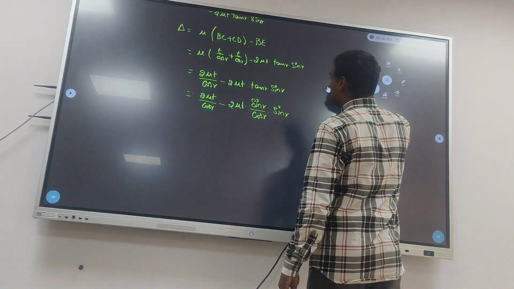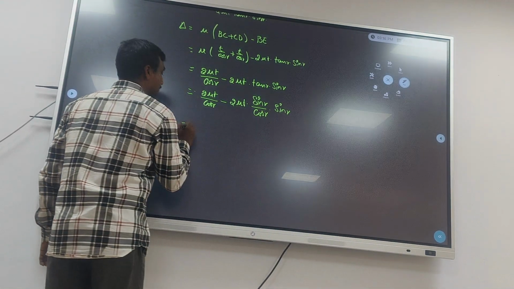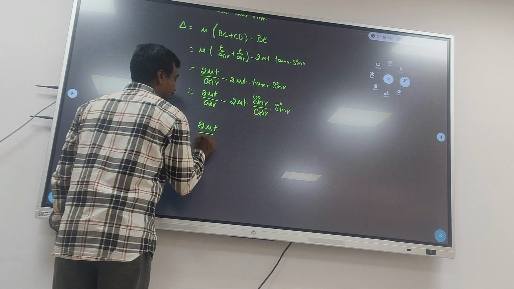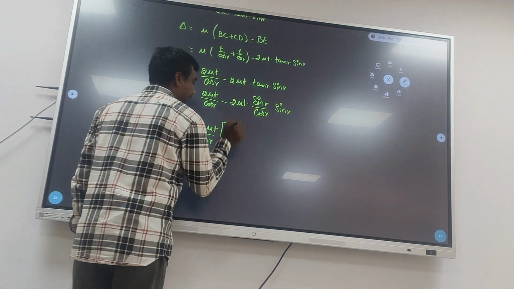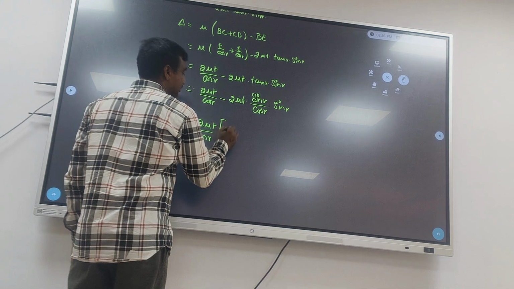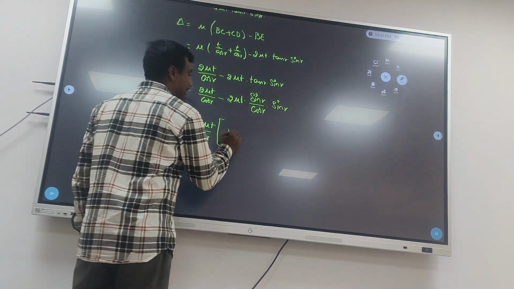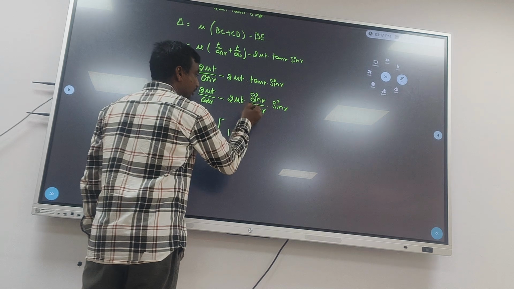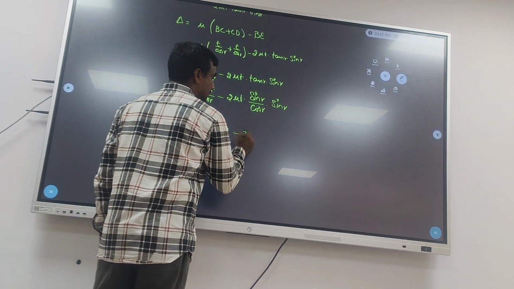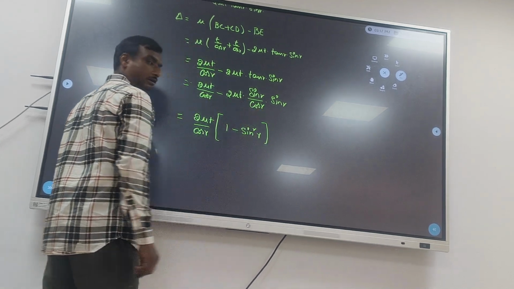So now take the common terms. 2 mu t by cos r is taken out from these two terms, so that it will be replaced by 1 minus sin r into sin r, sin square r, right?